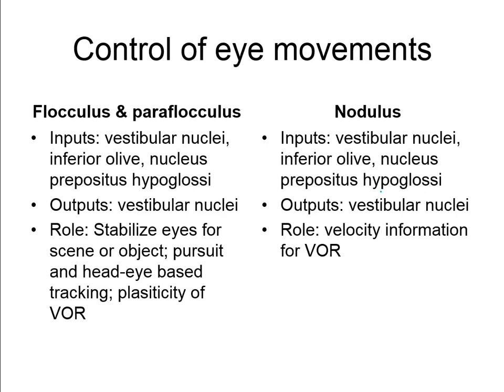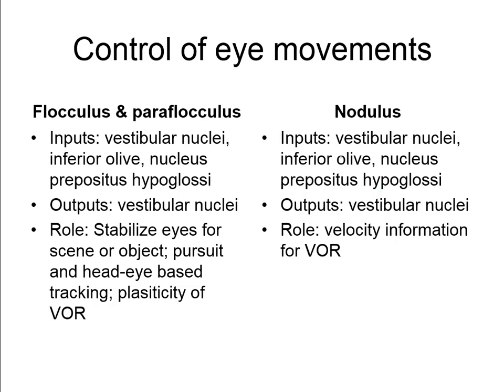When we think about those eye movements, there is actually some specialization, so that the flocculus and the nodulus, although we think about them as a single unit, are actually involved in different functions. And lesions that hit them differentially can give you different deficits.